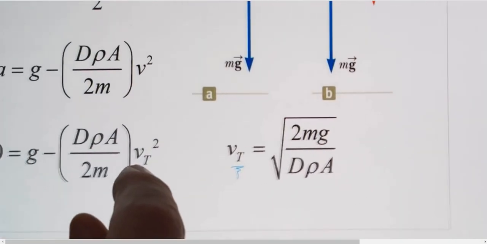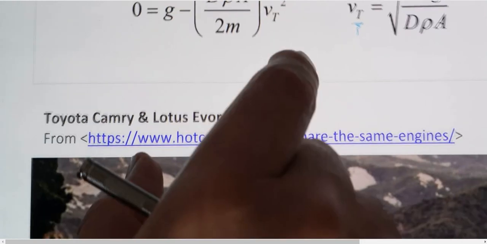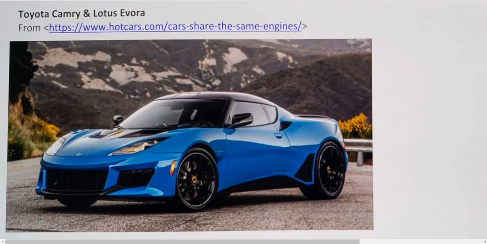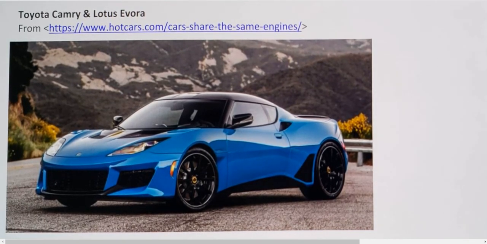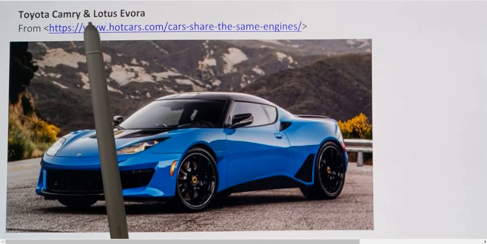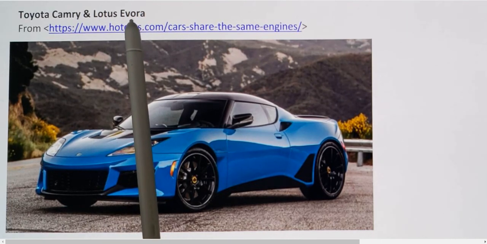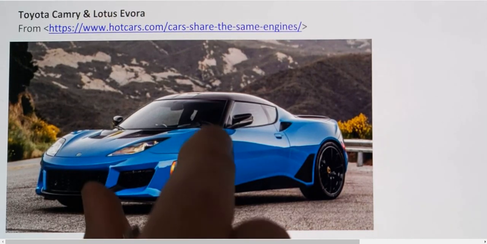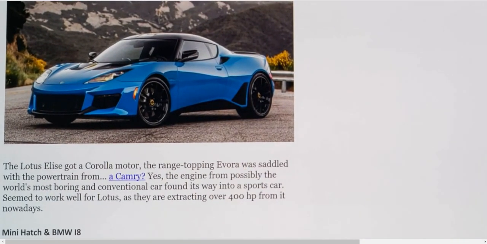I discovered that with cars, they use the same engine in different cars, and they reach very different maximum speeds. The first example, the Lotus Evora has the Toyota Camry engine, yet with the same engine, it can reach very high speeds.